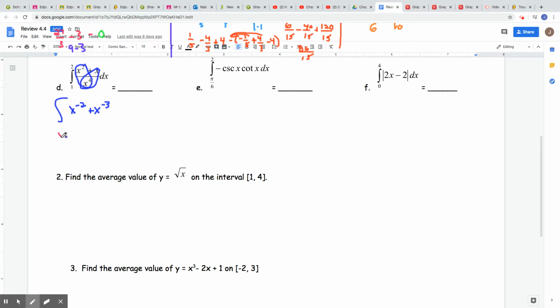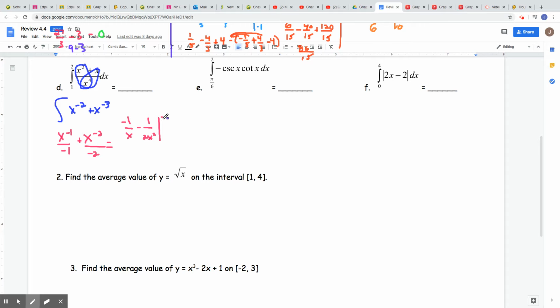All right, so we add 1 to negative 2, we get negative 1 over negative 1, all right, plus x to the negative second over negative 2, which really just equals negative 1 over x minus 1 over 2x squared.